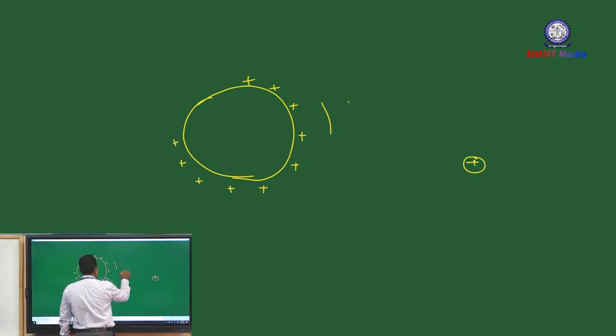So next, if you take a charged conductor like this, and now you take a unit positive charge, here you will have an electric field.